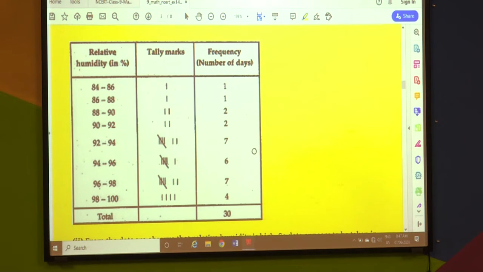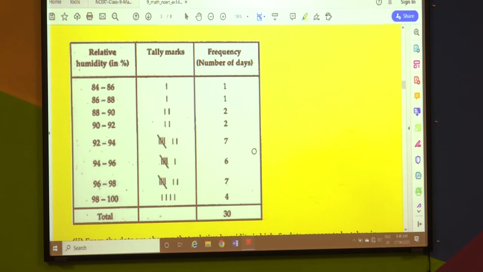Second, tally marks. Third, frequency, which is the number of days. 84 to 86 is the first class interval. Second, 86 to 88. In this way we go on till 98 to 100.